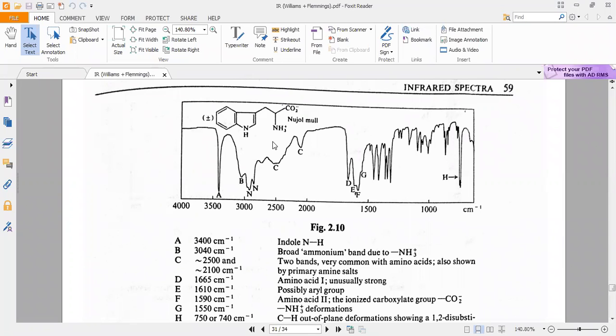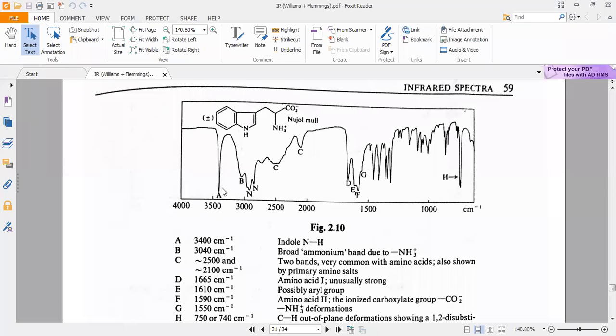So what functional groups do we have? We have nitrogen-hydrogen, and carbon-oxygen double bond. In one of the resonance forms, if this donates an electron pair here, you get a carbon-nitrogen double bond, so it may also show such absorbance. Now look at this value, around 3400 approximately.